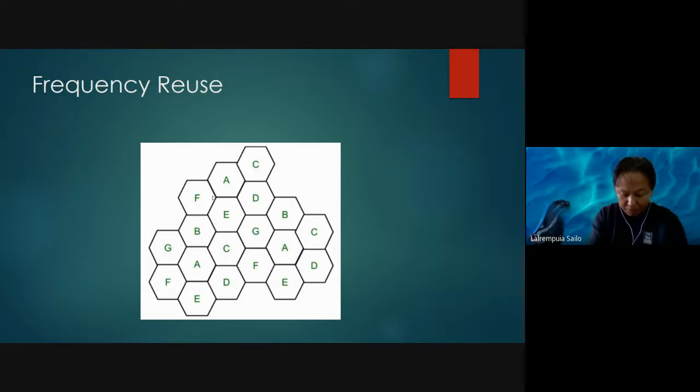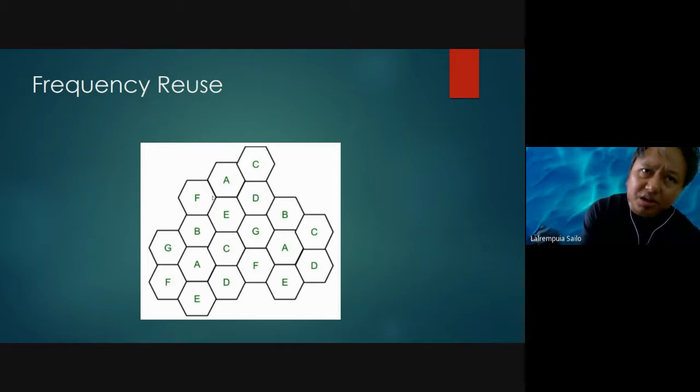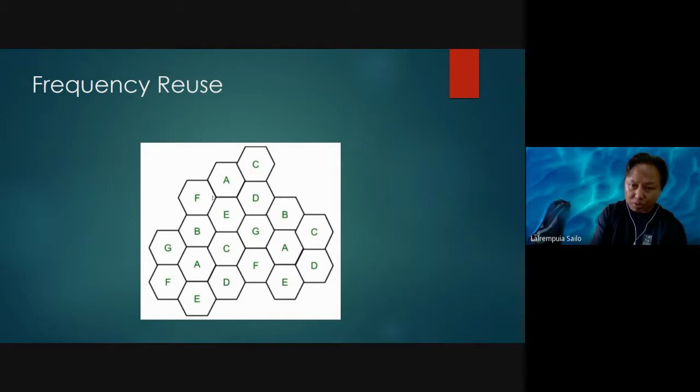But one more thing: each and every service provider has their own signal and receiver. Without the SIM card, you cannot use the cell network, right? You have to insert your SIM card. This is the subscriber identification module. Without it, you cannot use the mobile network.